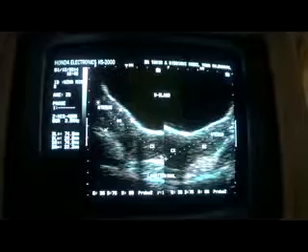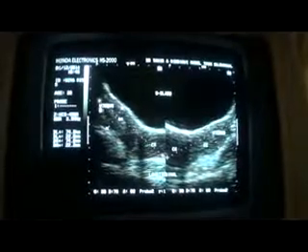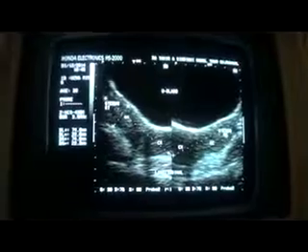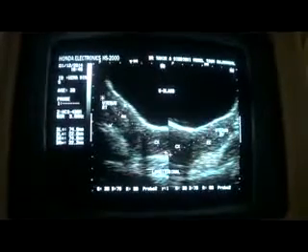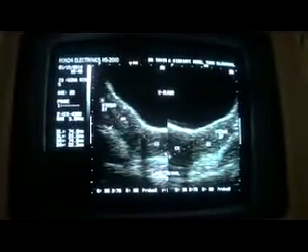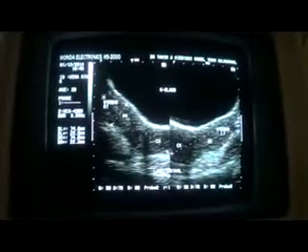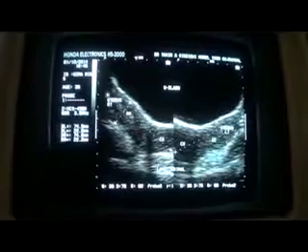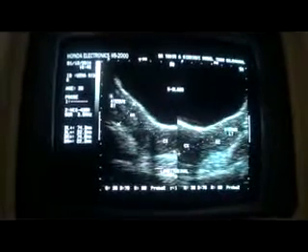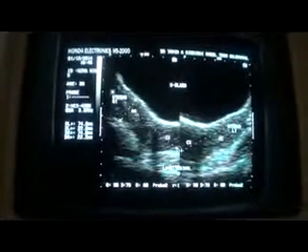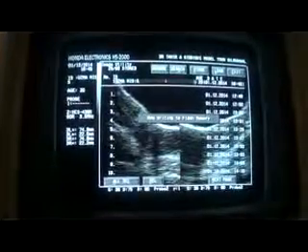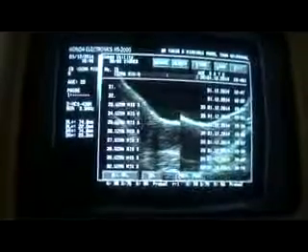This is the right one. This is the left uterus. So this is a case of uterine didelphys with relatively small size of the uterus in anterior-posterior diameter with bilateral polycystic ovaries. Thank you very much.